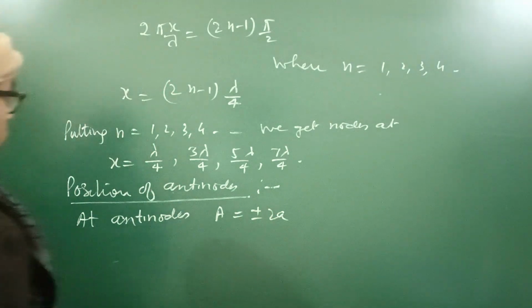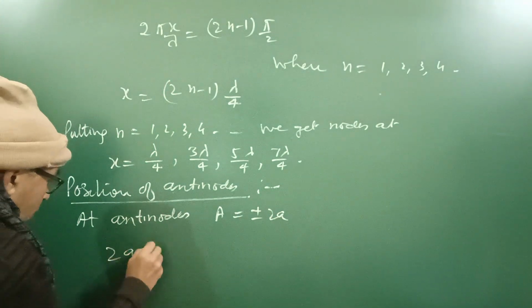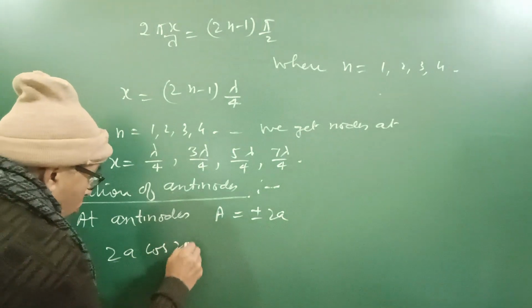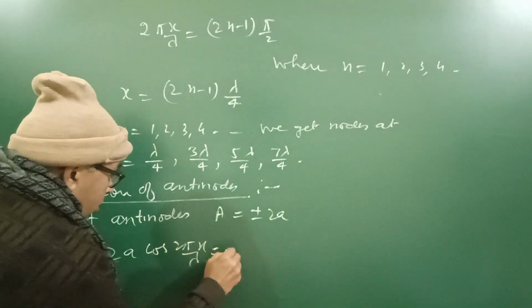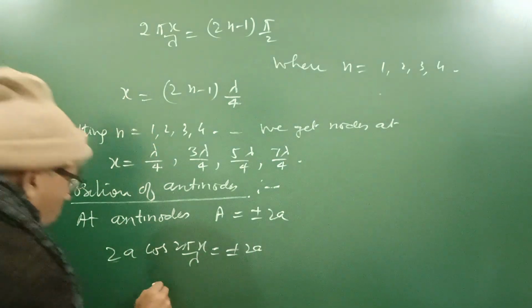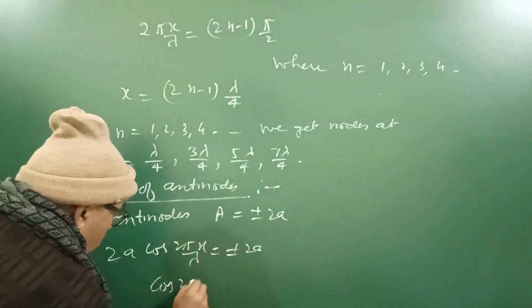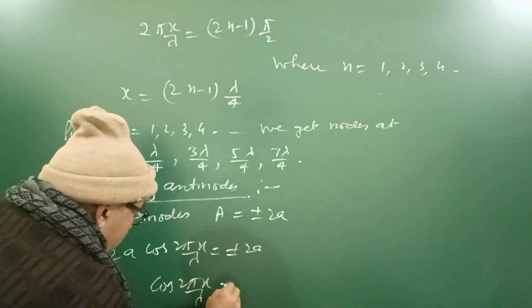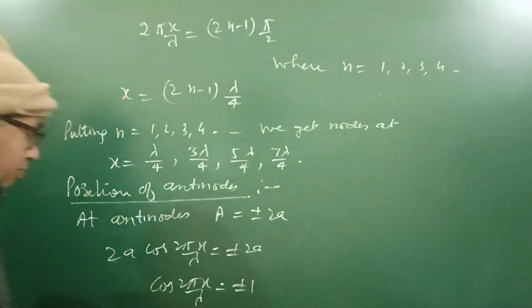So 2a cos 2 pi x upon lambda equals plus or minus 2a, or cos 2 pi x upon lambda equals plus or minus 1.